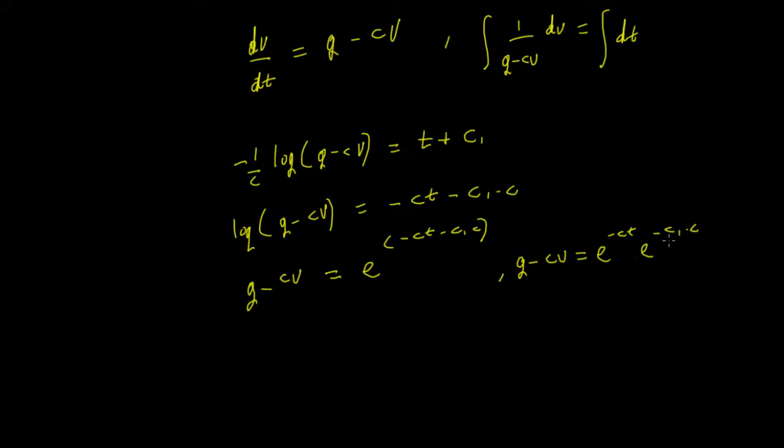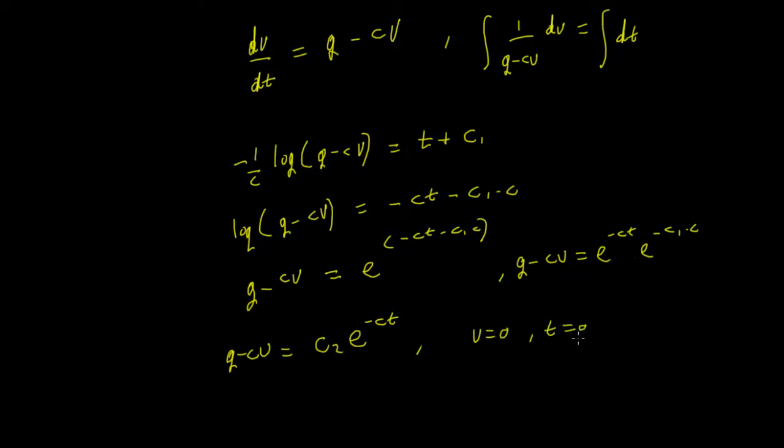Now the c1 times c is just going to be a constant, so we'll take that down and call it c2, which gives us g minus cv equals c2 e to the minus ct.